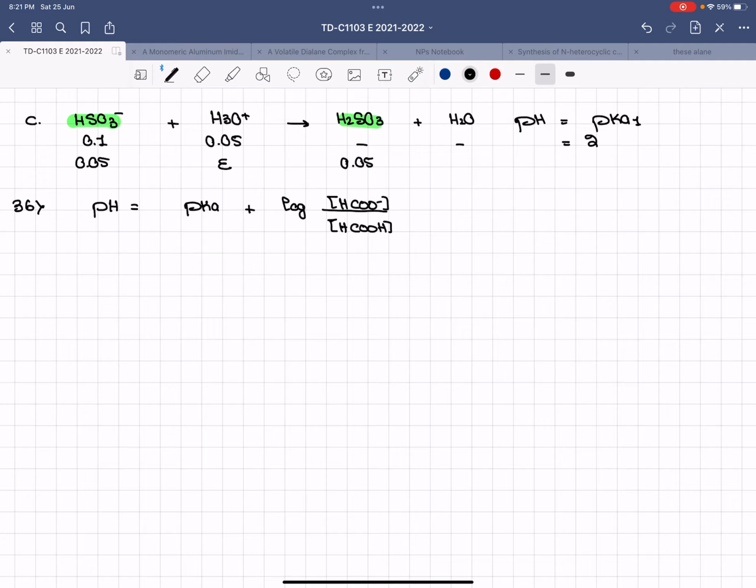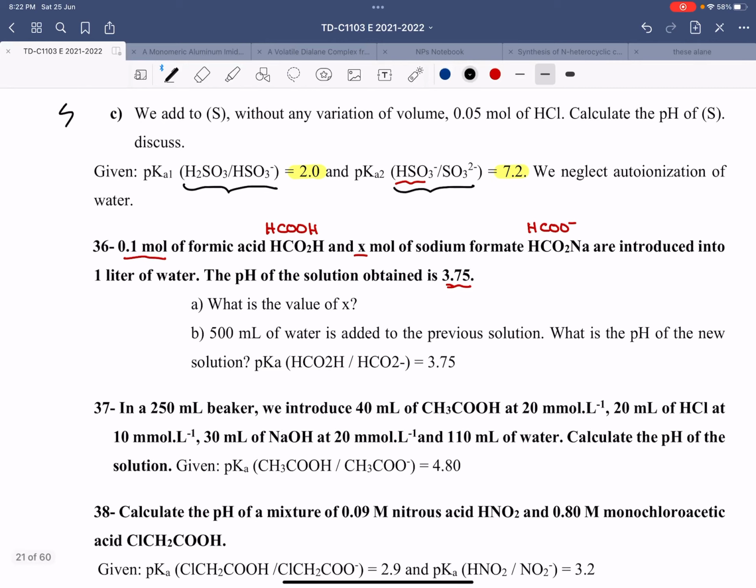So pH equals pKa, around 3.75, plus log X, HCOO minus is basically X, divided by HCOOH, they said 0.1 mole per 1 liter, so that's 0.1 mole per liter. But pay attention that the pKa and the pH values are exactly the same.